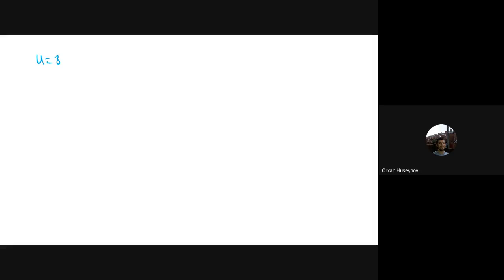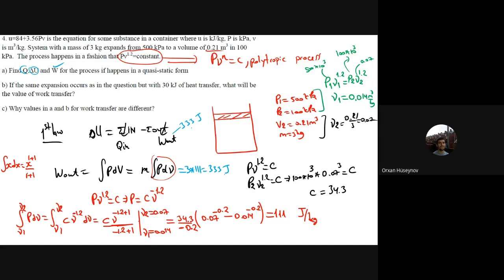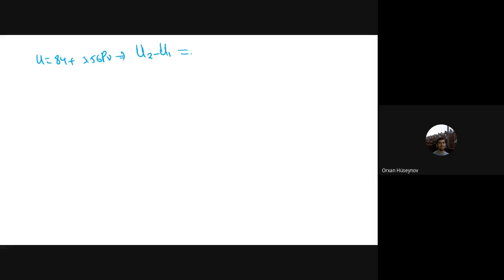U is 84 plus 3.56 P nu, and therefore U2 minus U1. This one is the equation for the internal energy. So it will be equal to 84 plus 3.56 P2 nu2 minus 84 plus 3.56 P1 nu1. And the 84 cancels out, no problem.